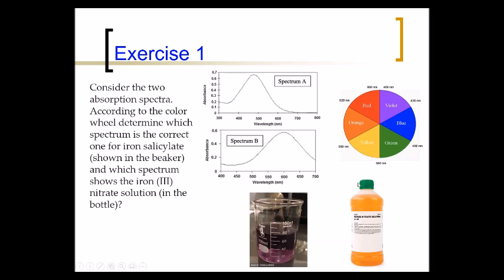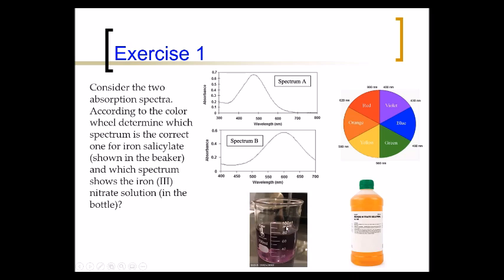Looking at that for the iron 3 nitrate, which spectrum matches the iron 3 nitrate solution based off of that idea? Yes, spectra A, because over here it's going to absorb better through the 400, I guess it goes all the way over to the 500 range, but this side of the wheel is more absorbing for the orange solution. How about for this more purpley solution, this violet purple color for the iron salicylate?